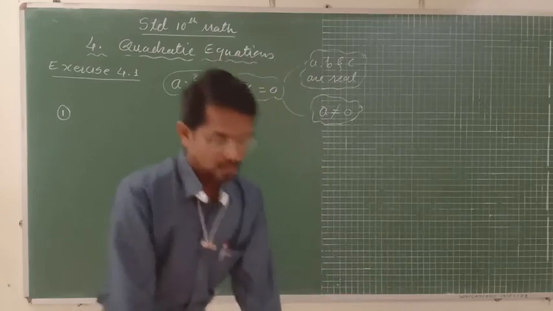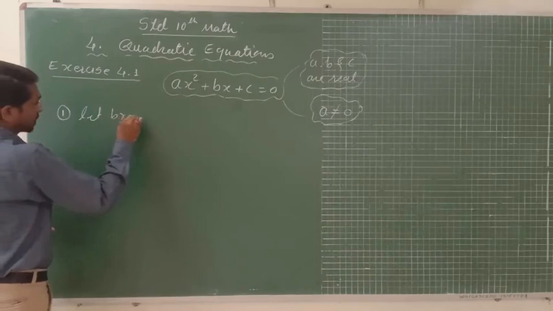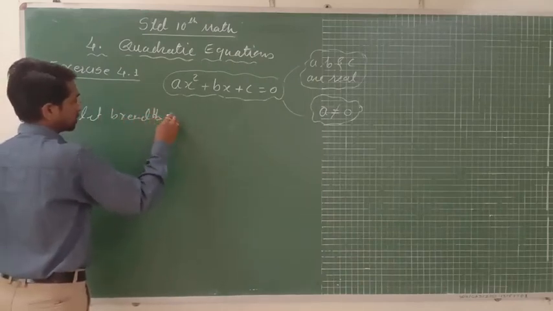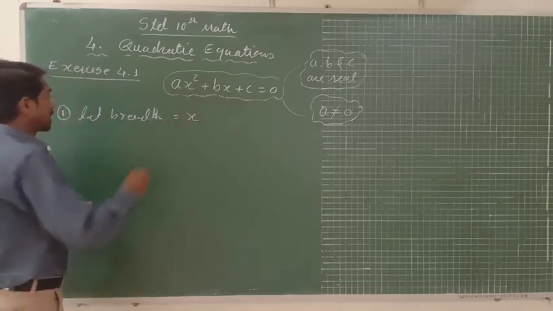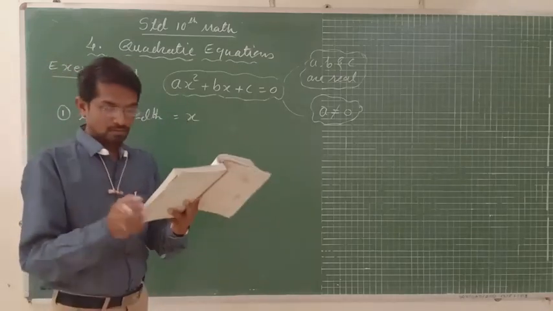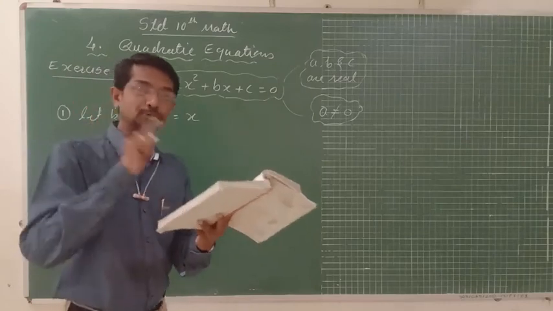First, let the breadth be equal to x meters. If the breadth is x meters, the condition given is that the length of the plot is 1 more than twice its breadth.